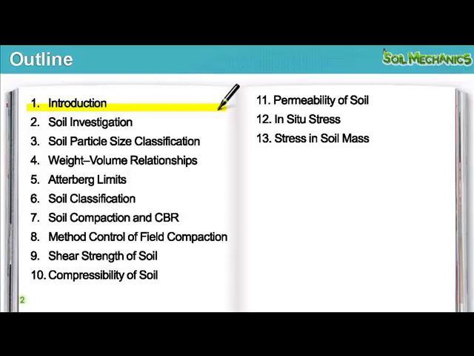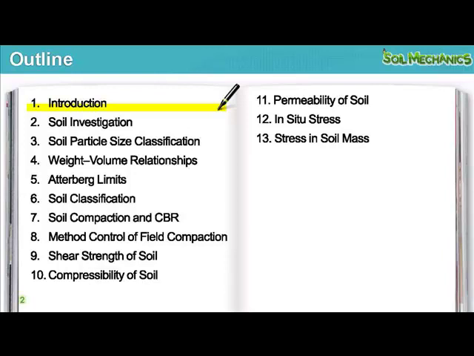And for chapter 10, we will learn about compressibility of soil. When we construct any structure on the ground, the foundation will transfer load to the soil, and the soil will be compressed.